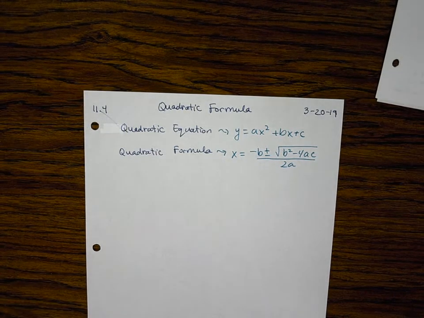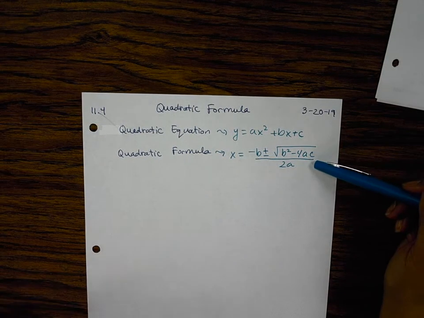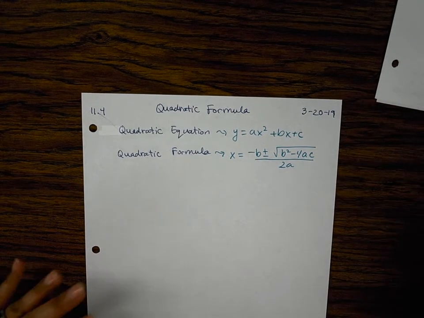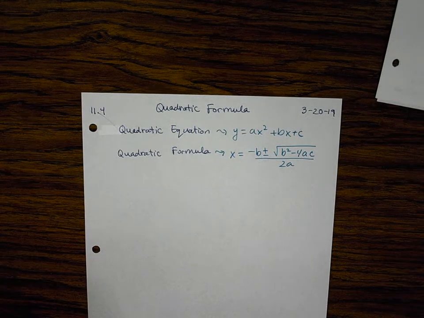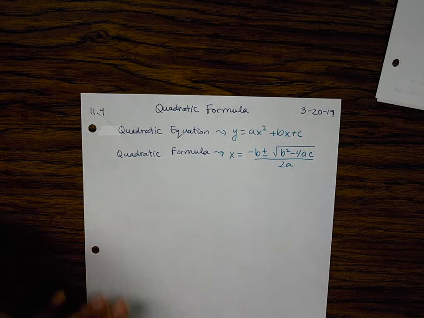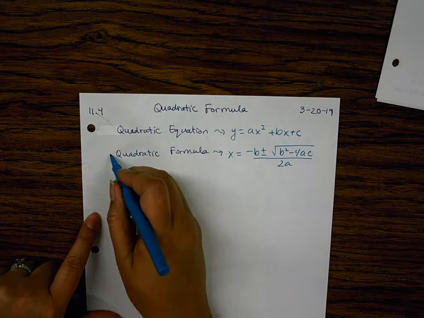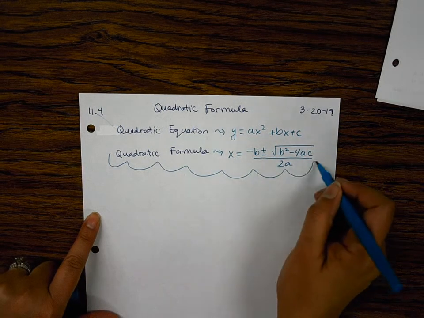If you look up how to sing the quadratic formula tonight, you'll find a ton of videos of people singing songs with it. Negative b plus or minus the square root of b squared minus 4ac all over 2a. You will need to have that formula memorized.